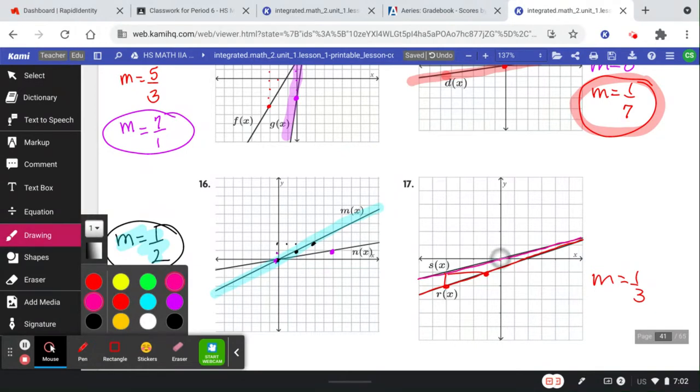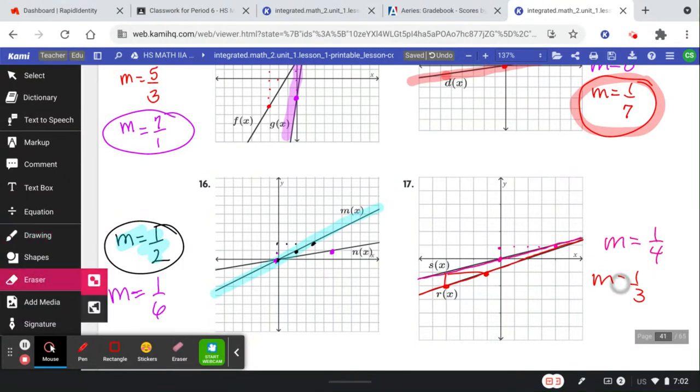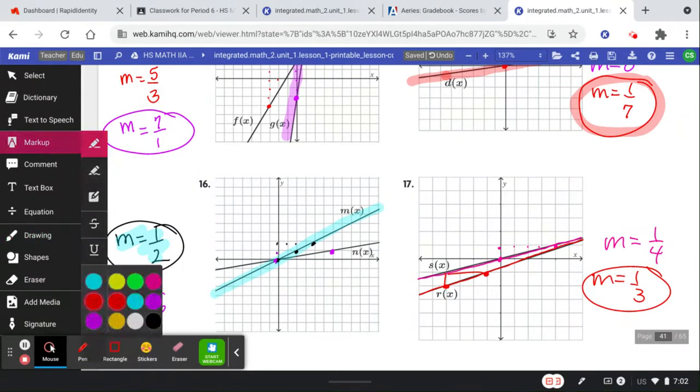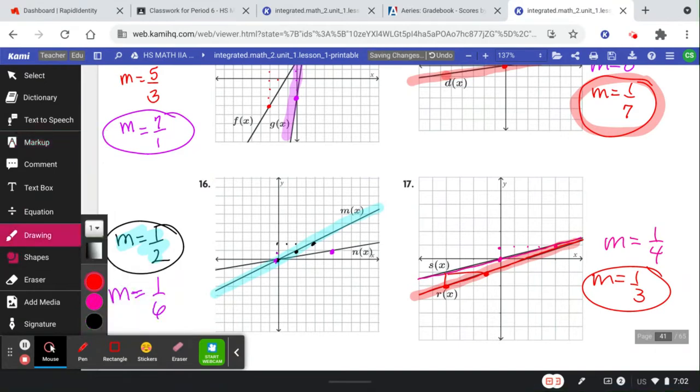And then the pink line, up 1 over 1, 2, 3, 4. So what's greater, a third or a fourth? And so we were right, that one is steeper. The red line with the 1/3 slope is increasing faster.